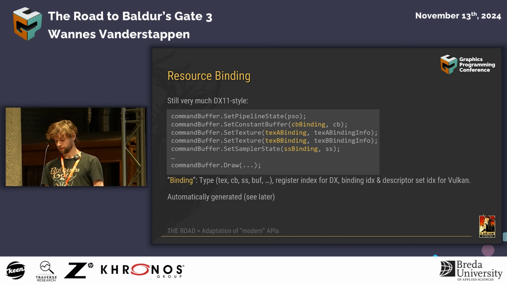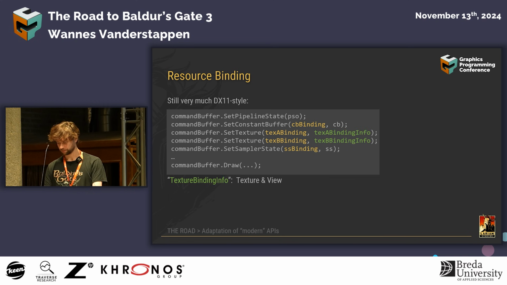This binding contains information about register index for DirectX, binding index and descriptor set index for Vulkan. And these are, in fact, automatically generated, which we'll see later. And there's a texture binding info for textures because we need a little bit more information than just what texture it is. We need to know if it's UAV or SRV and so on.